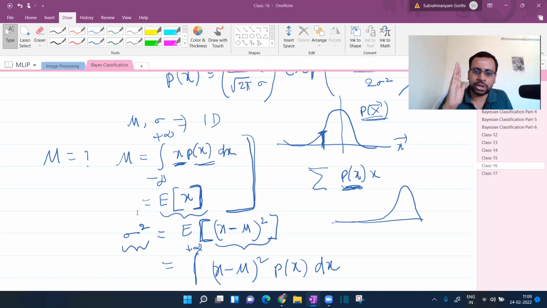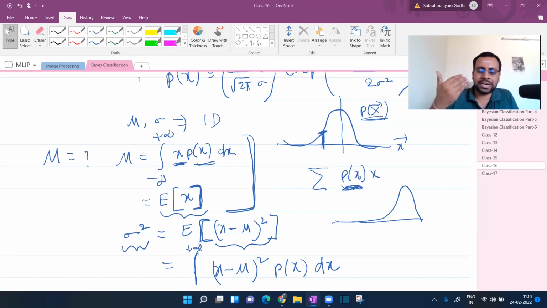So eventually you will get the mean value. For variance, you are subtracting the mean value, and then expected value of that x minus mu square would eventually give you sigma square, irrespective of what the distribution is. I hope these 2 points are clear to one and all.